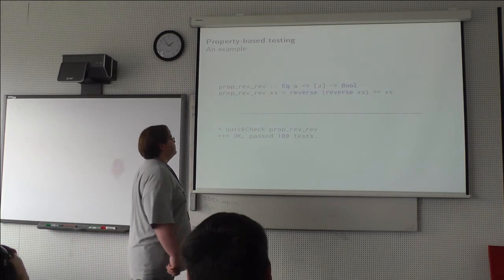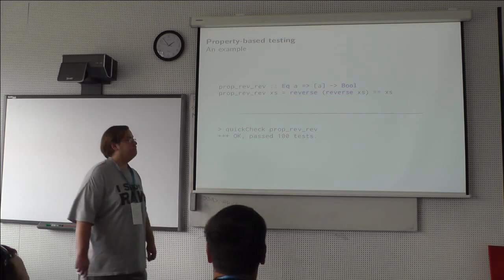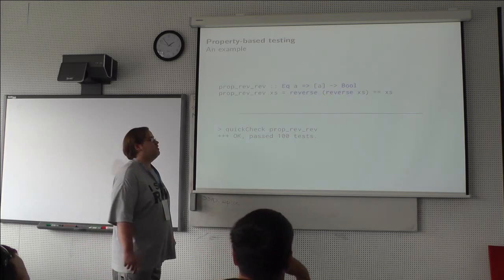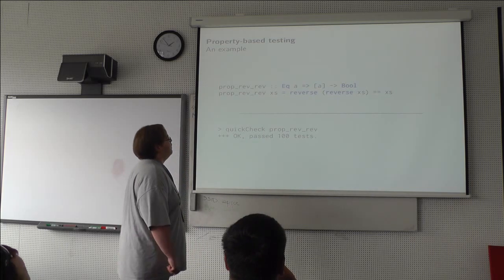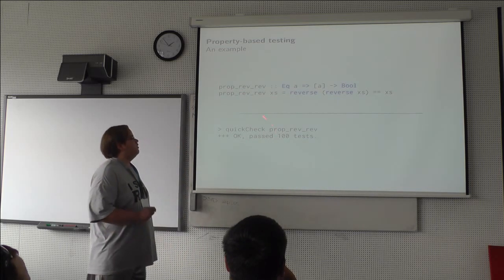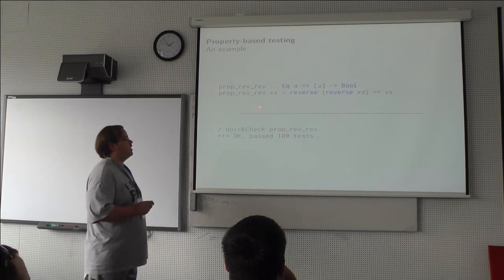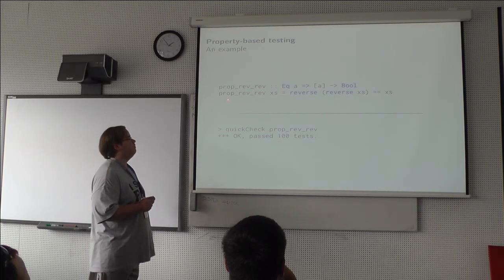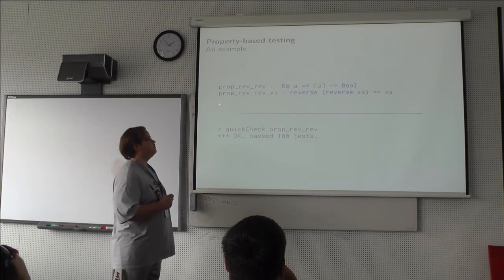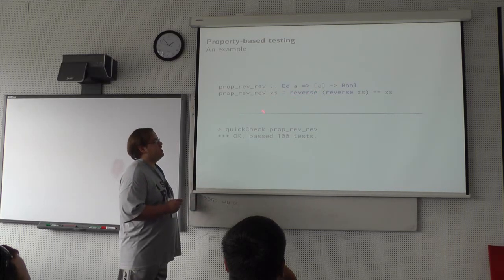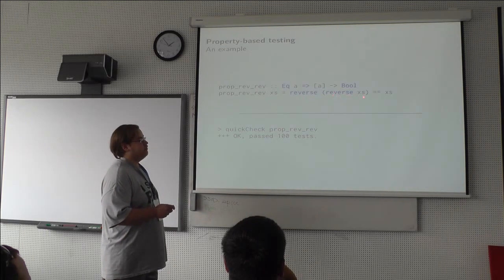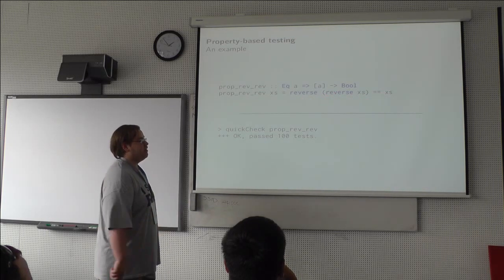So this is Haskell syntax. I'm going to go over it. It should be fairly easy to understand, but I will explain. Don't worry about the first line, just worry about the second line here. It says, I have a function called proposition reverse. It takes some list of a's called x's, and it says if I reverse the list twice, reverse it once and then reverse that output, then I get the original list back.